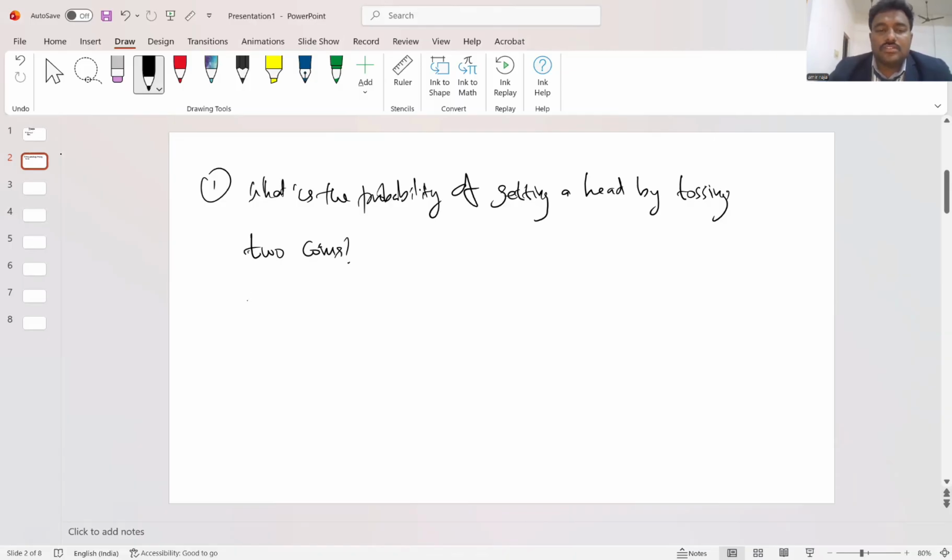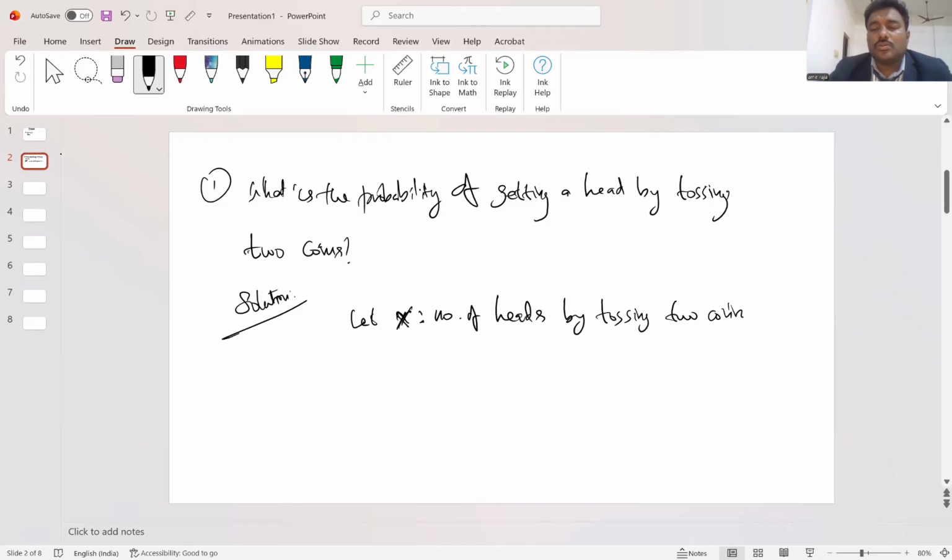So we can associate this problem to the random variable, right? So let us take the random variable capital X as the number of heads obtained by tossing 2 coins.